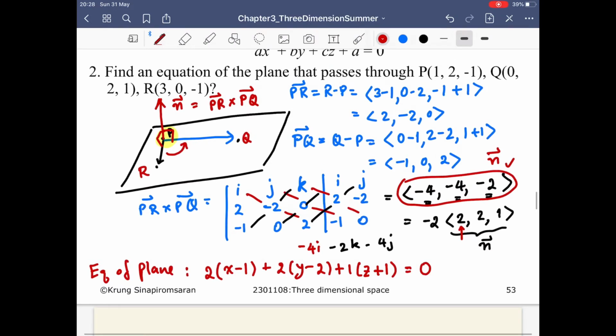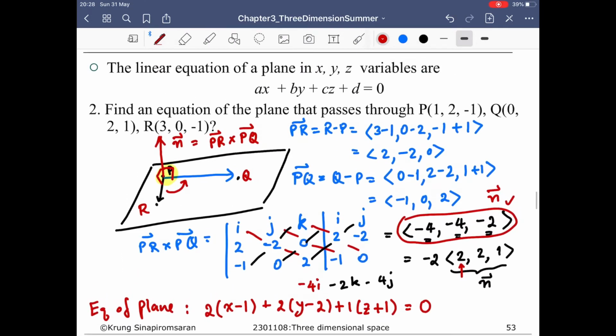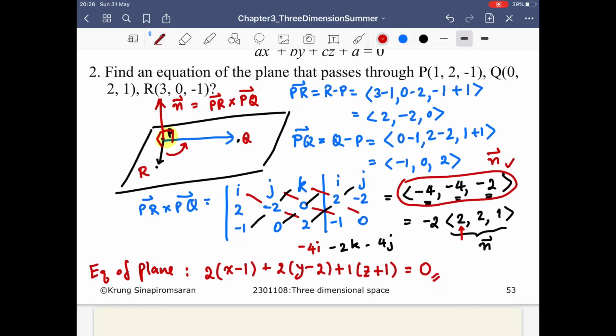If the problem just asks you to find the equation of the plane like this, you can leave your final answer as this equation. You don't really need to continue any further, just make sure that you got the right answer.